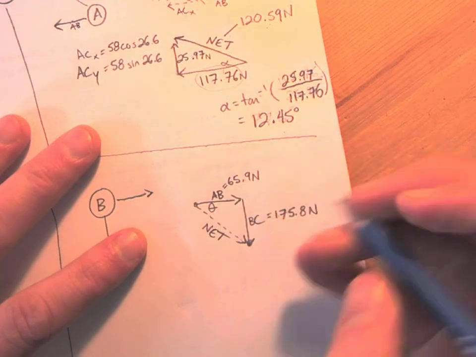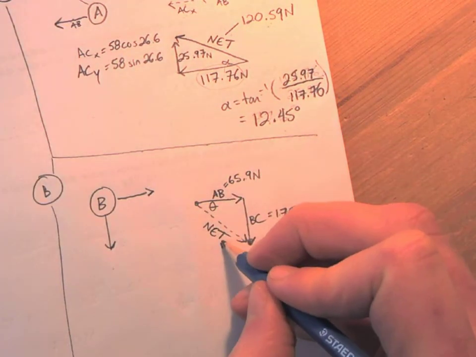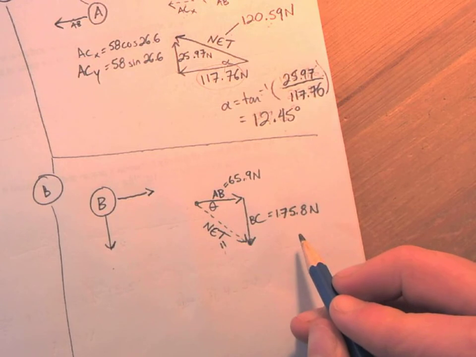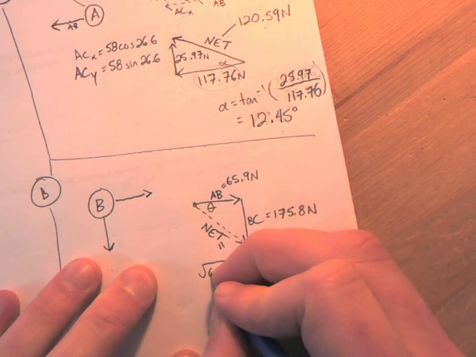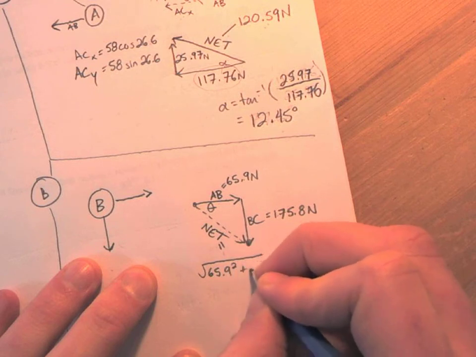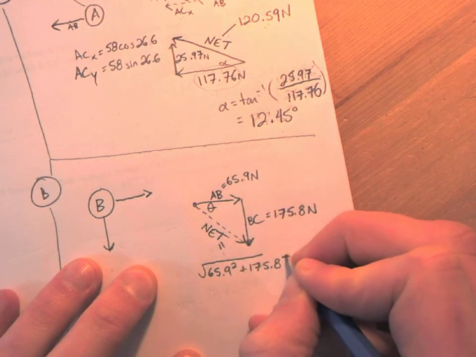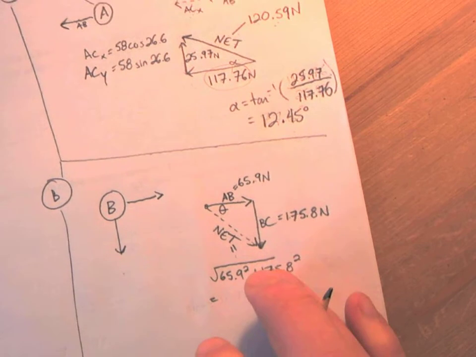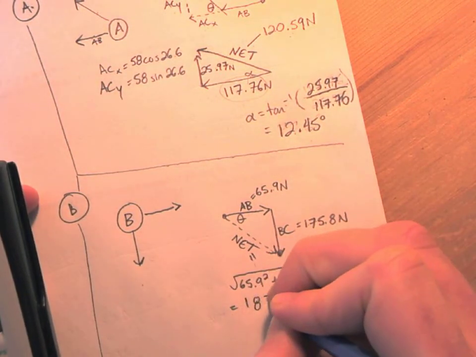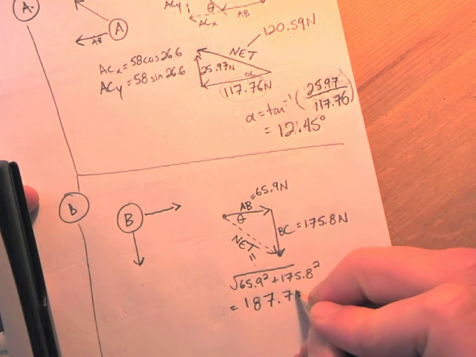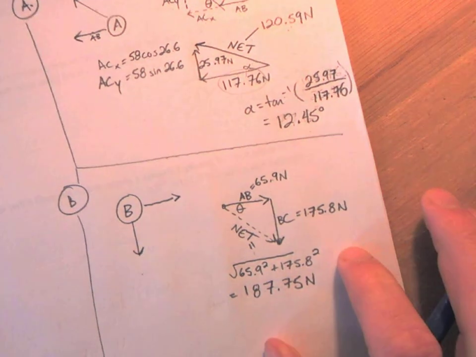That means our net value is going to be the square root of both of those squared, using Pythagoras. So we take the square root of 65.9 squared plus 175.8 squared, and we get 187.75 newtons overall.